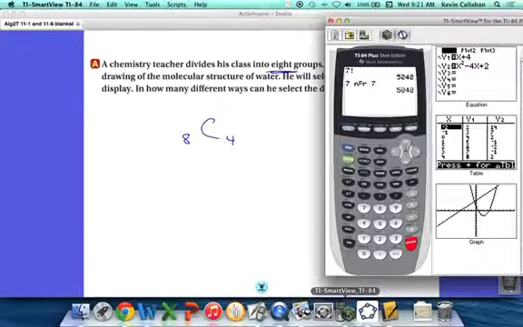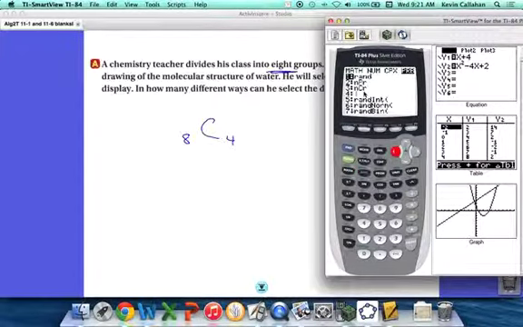Okay, so go back to the same menu, Math, PRB, and it's number 3. nCr for combination is number 3. But again, like permutation, first you need to enter the n, the bigger number, before you go to the menu. Clear. So 8, Math, PRB, 3. And we're going into 4 positions, so enter. 70. 70 different groups.